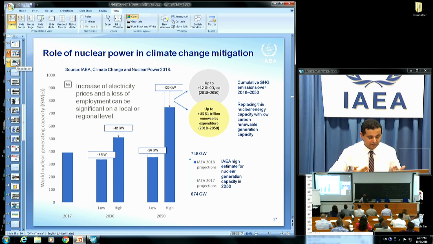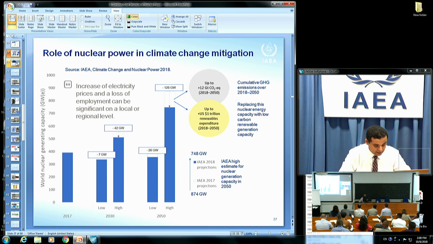So to summarize, nuclear power has been contributing to reducing CO2 emissions in the past, but the future is uncertain as it depends on how nuclear capacity will be added in the next decades.